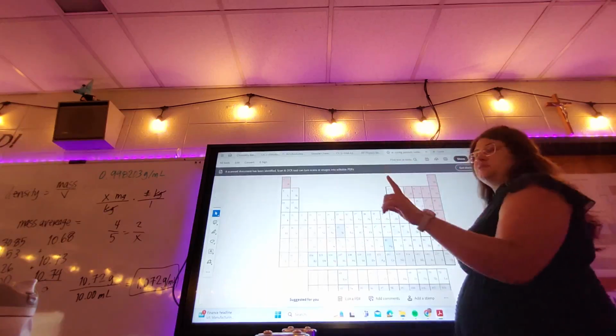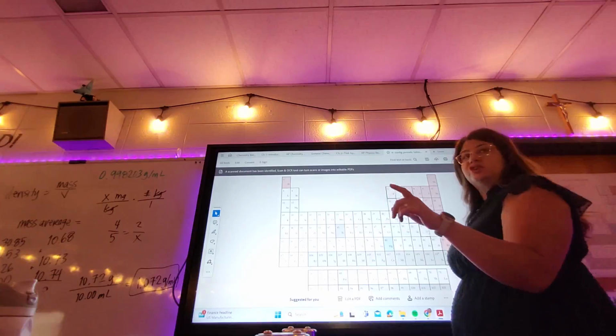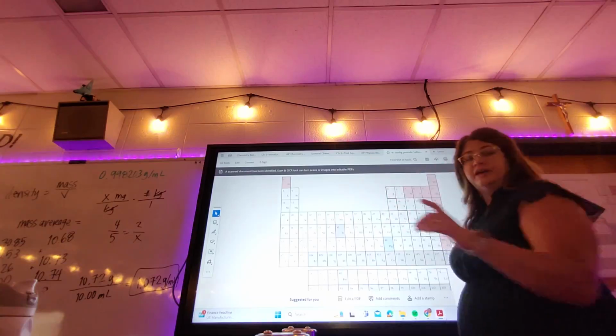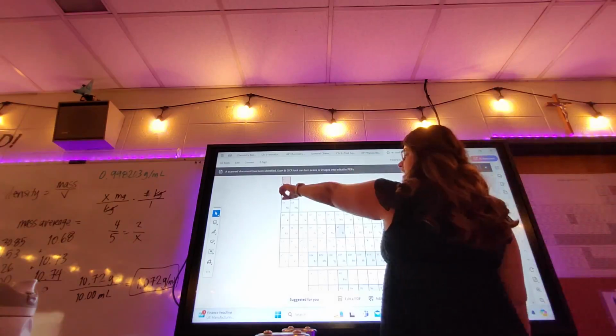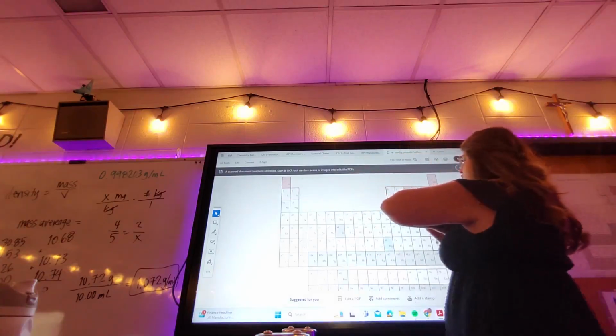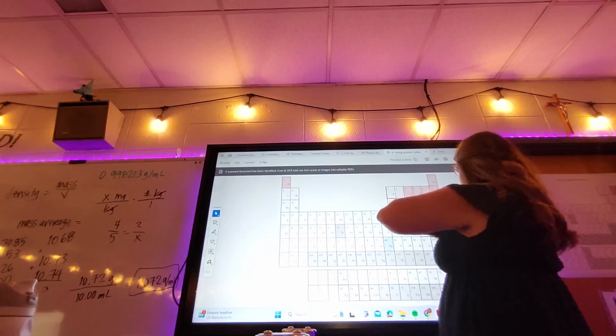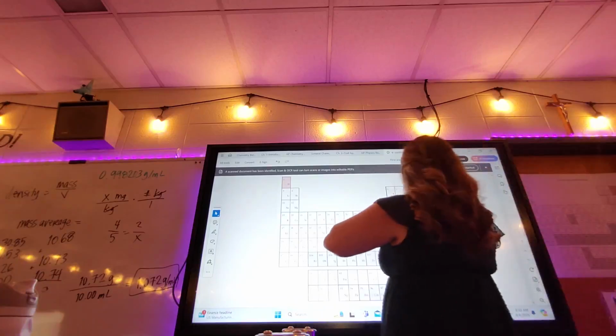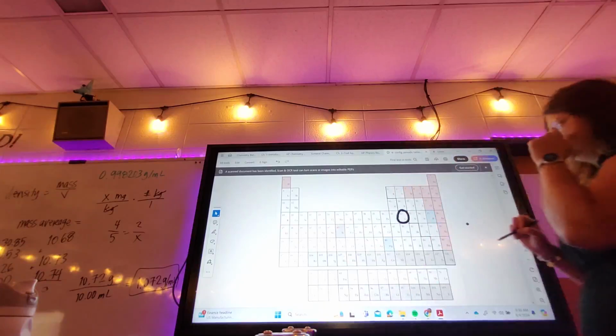So always when you have to start a brand new electron configuration and you have to write the full thing, you're starting at element 1 and you have to go all the way through your periodic table to the place that you're looking for, which for us right now is germanium.